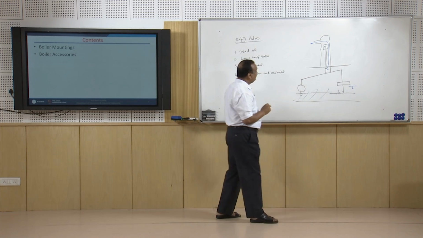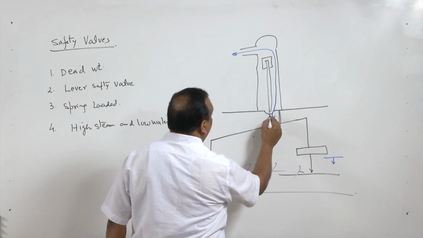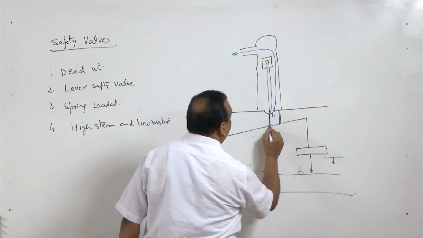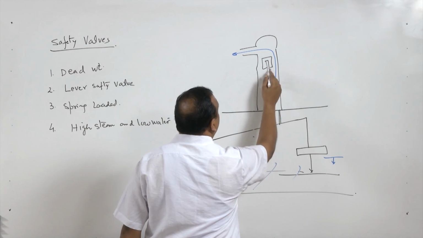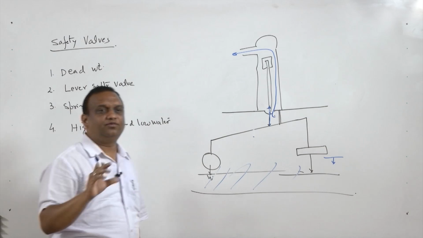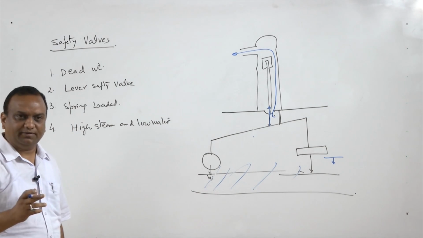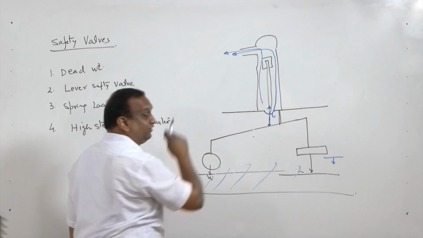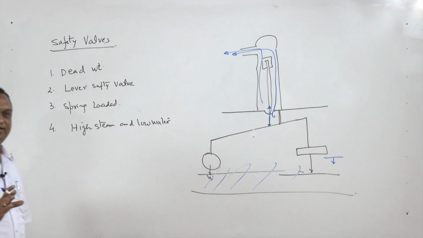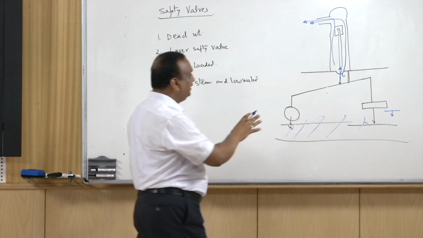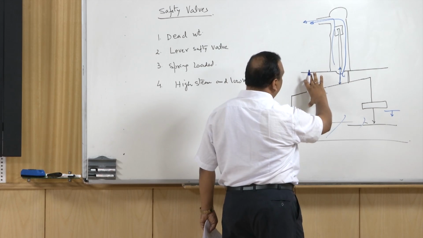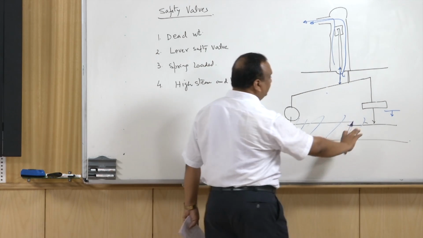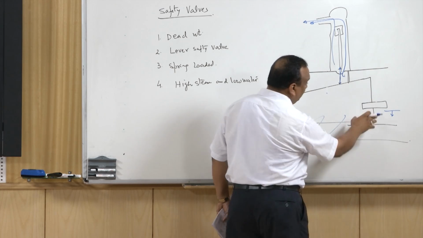Now in that case, this force will be exerted on this disc, this disc will open, and this arrangement is a sort of dead weight safety valve type of arrangement, and again the steam will vent off, but this sound will be different from the previous sound. So the operator will come to know this is the normal venting when the pressure of the steam is high, and in the previous one was the sound of the venting steam when the water level was low in the boiler, right.